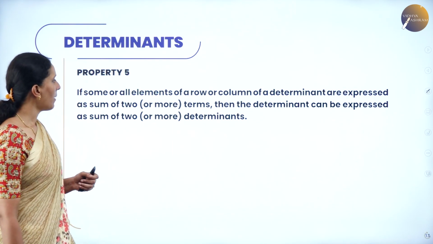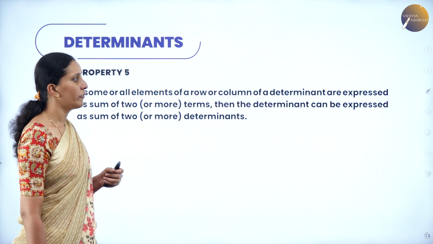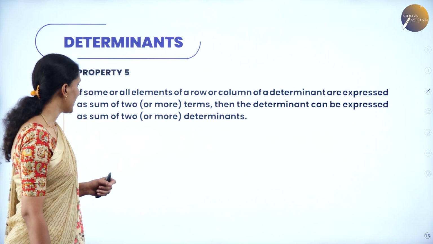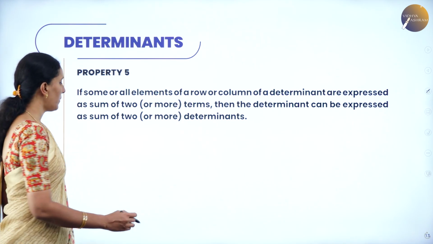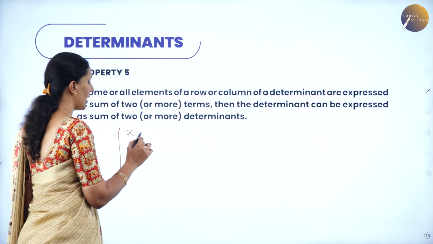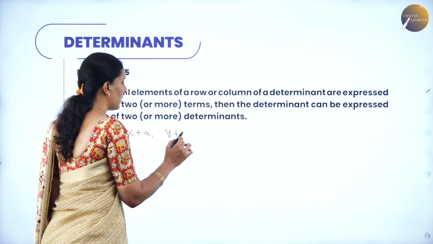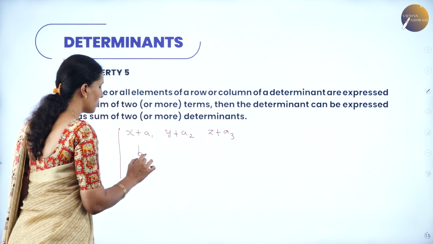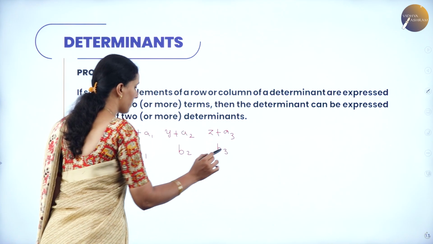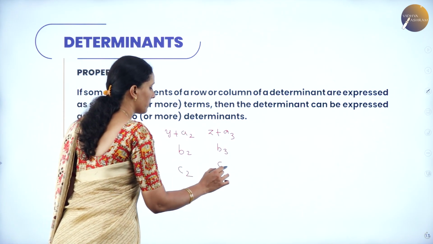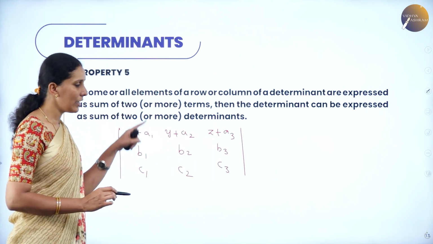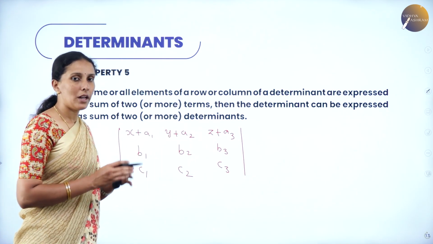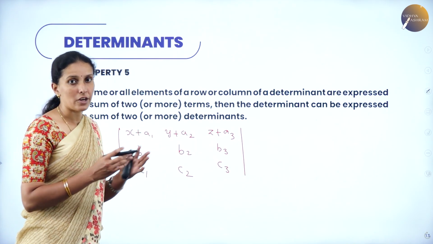Next is, if some or all elements of a row or column of a determinant are expressed as sum of two terms, then the determinant can be expressed as sum of two determinants. Suppose you have a determinant in this form, x plus a1, y plus a2, z plus a3, and the remaining elements are the same: b1, b2, b3, c1, c2, c3. This may be possible for all the rows or any one of the rows, and similarly for all the columns or any one of the columns.